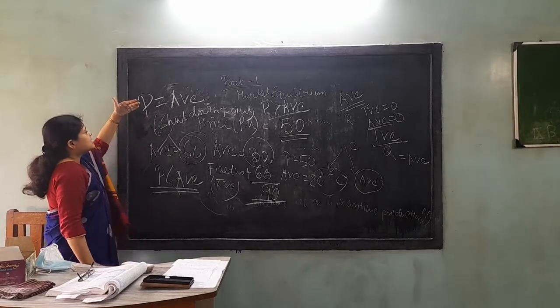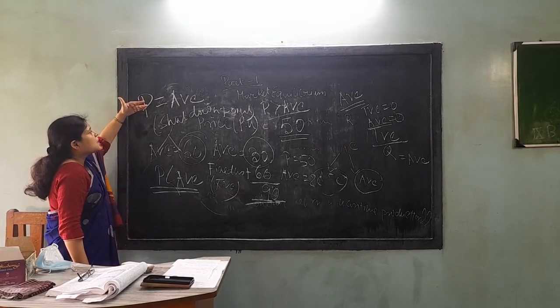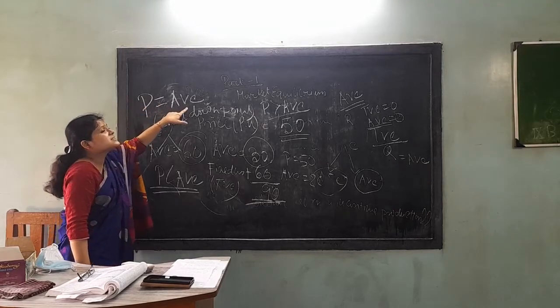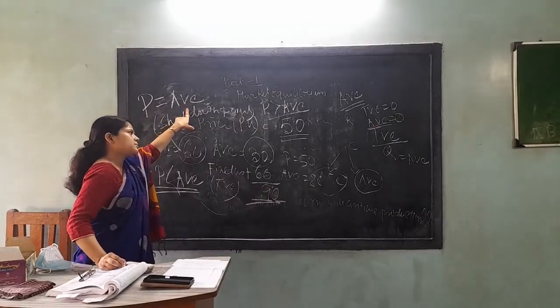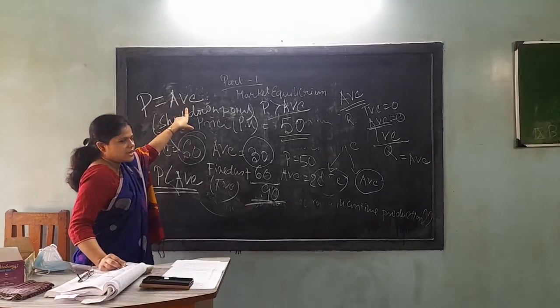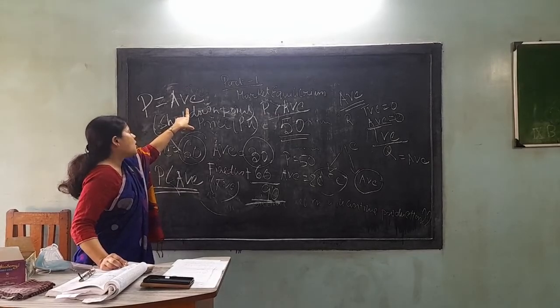If there is a tendency that the selling price will fall below AVC, then the firm will stop the production. So the condition for production continuity is that the selling price should be more than the average variable cost.